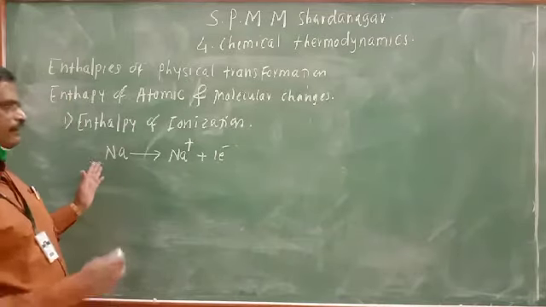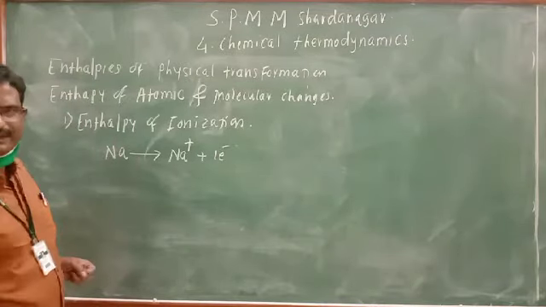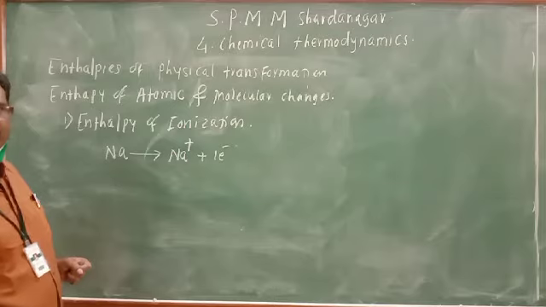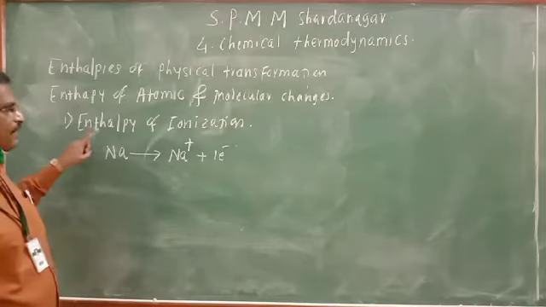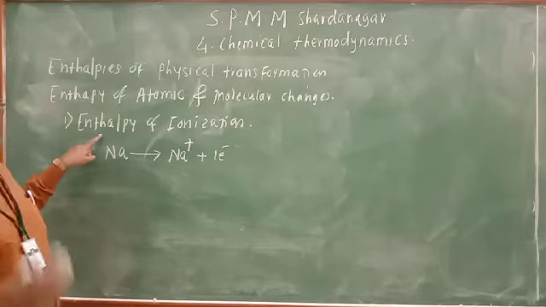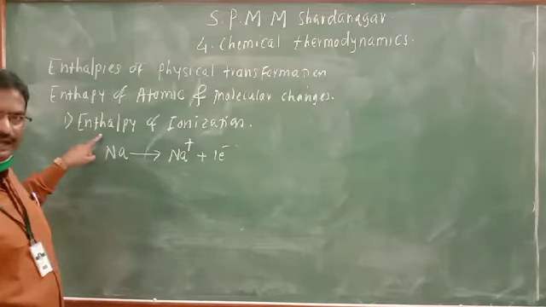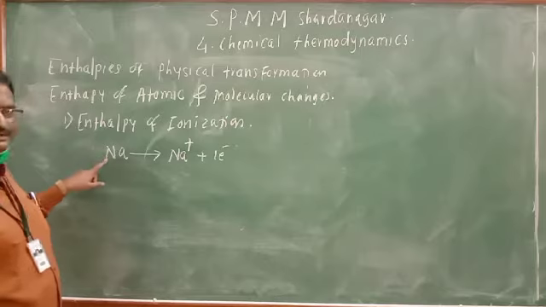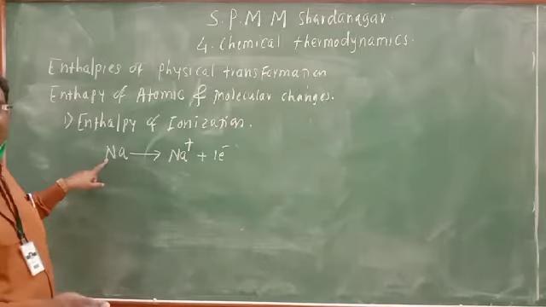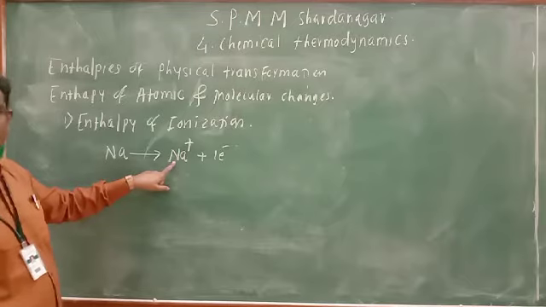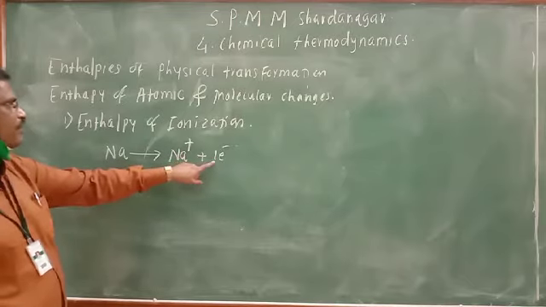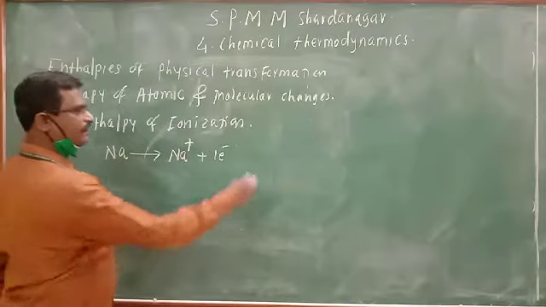The electron present in the outermost valence shell can be released, can be lost, and energy is absorbed. That enthalpy change, or heat absorbed, whenever all atoms present in 1 mole of atoms are converted to their cations, ions, by the loss of electron is known as enthalpy of ionization.